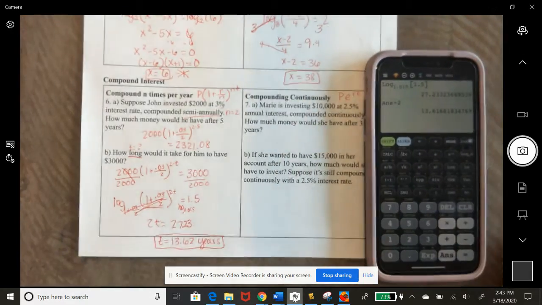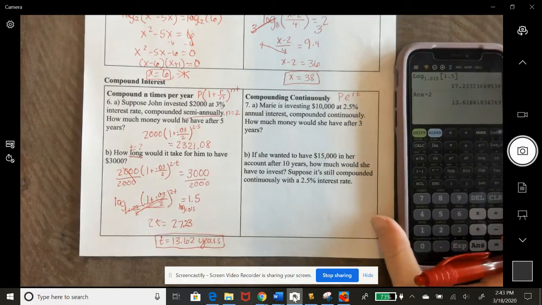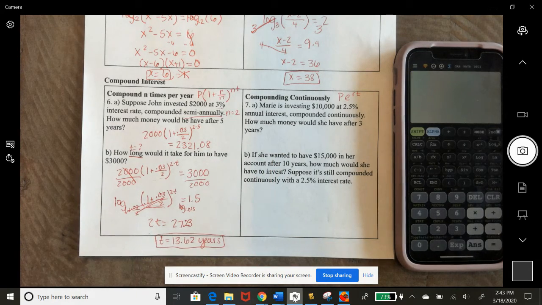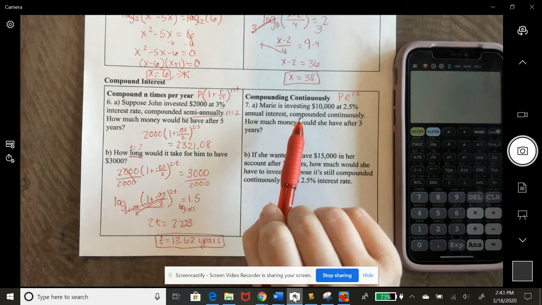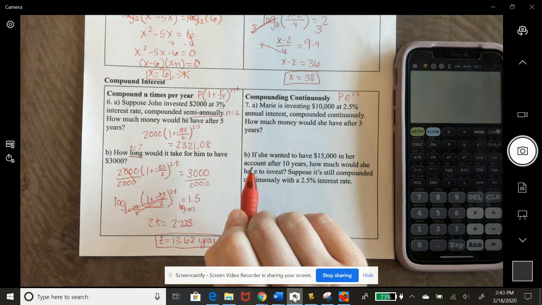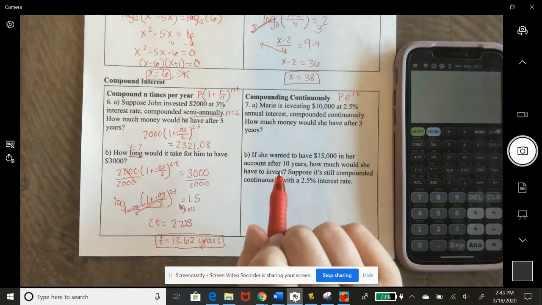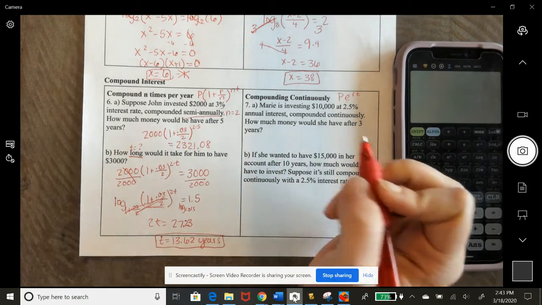All right, and then compounding continuously, I've got one to just plug in and one where we're solving for the initial value. So Marie is investing $10,000 at 2.5% annual interest, compounding continuously. So that's where we use this e formula. How much money would she have after 3 years?